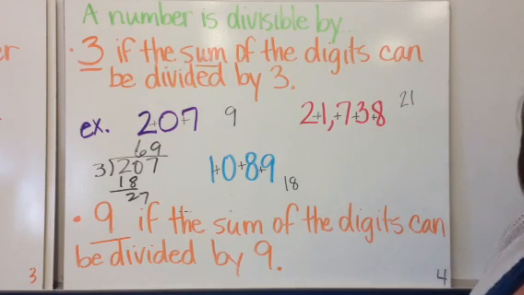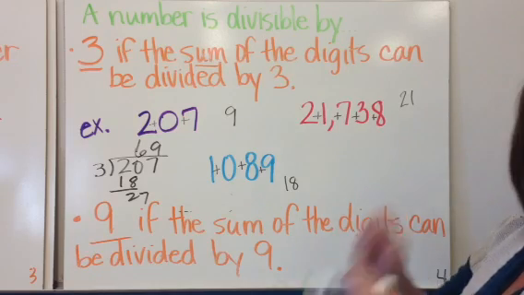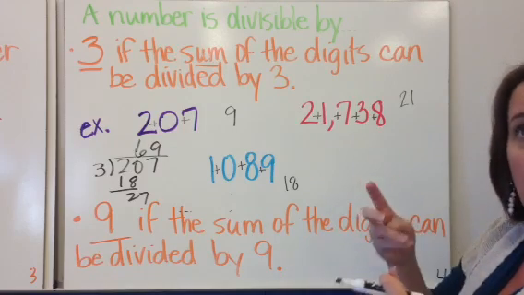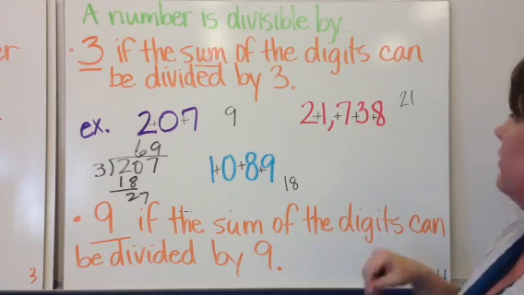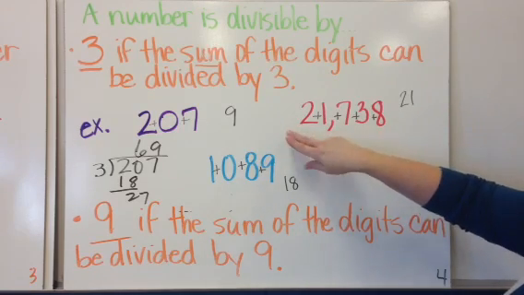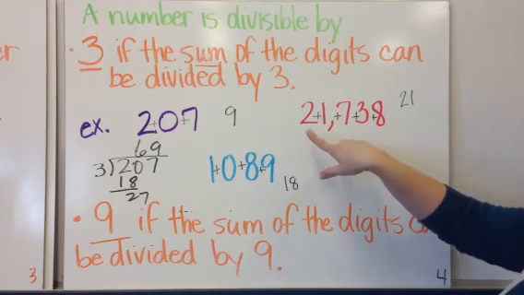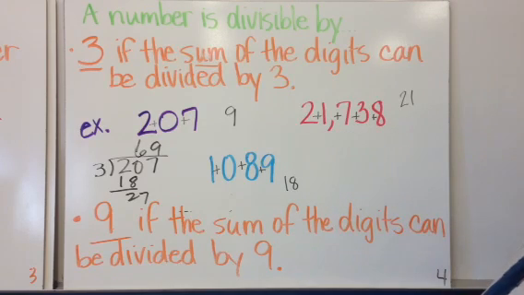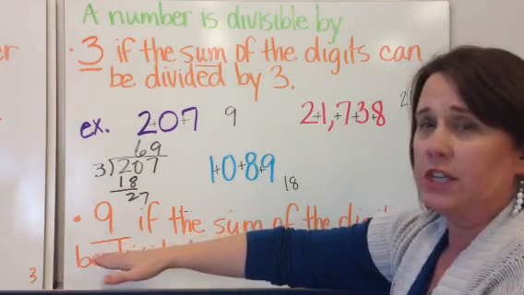Can 3 go into 21? This is why your multiplication facts are so important, because you should know, yes, 3 goes into 21 7 times. Since 3 can go into 21, then we know, without having to work out a problem, that 21,738 is divisible by 3. Well, the rule for 9 is very similar.